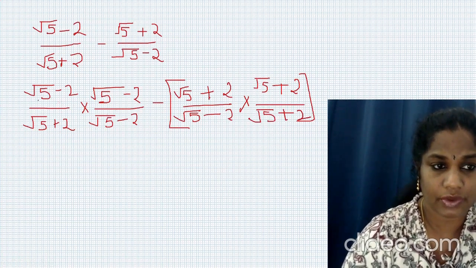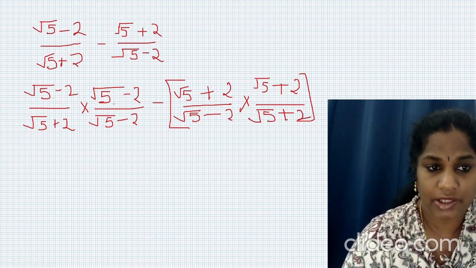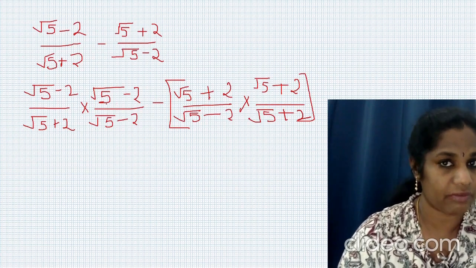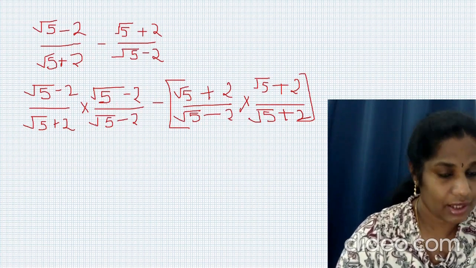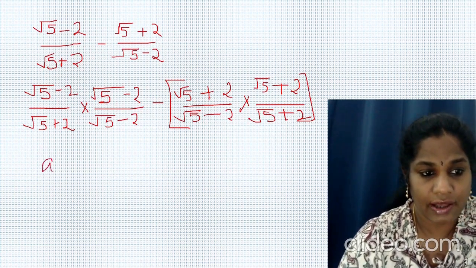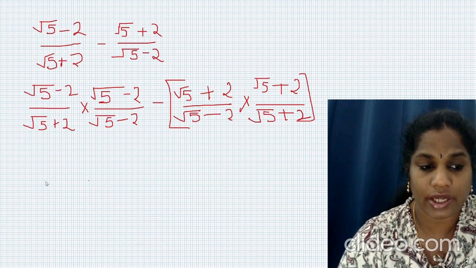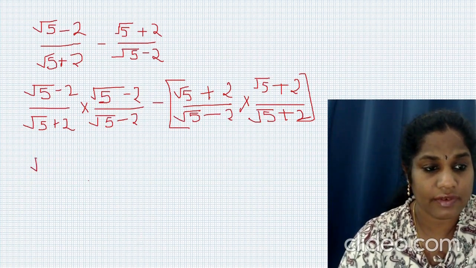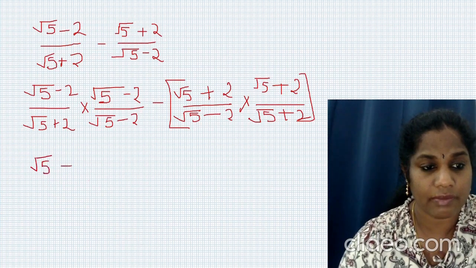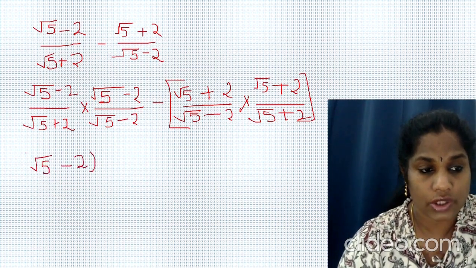So what would the next step be? What am I going to do? (√5 − 2) into (√5 − 2). What is it? It is (a − b) whole square, isn't it? That identity, so we are going to use that here. I will say (√5 − 2) whole square.